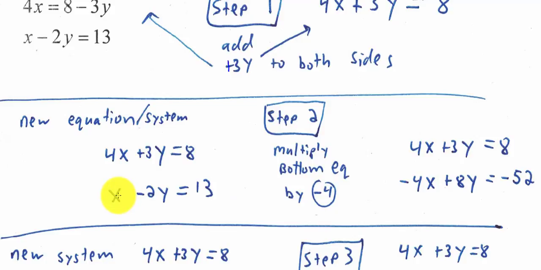And remember, you have to multiply each term by this negative 4. So when I multiply the bottom equation by negative 4, I end up with negative 4x. Negative 2y times negative 4 will give me positive 8y, and 13 times negative 4 will give me negative 52. The top equation I did not touch. I just rewrote that over here.